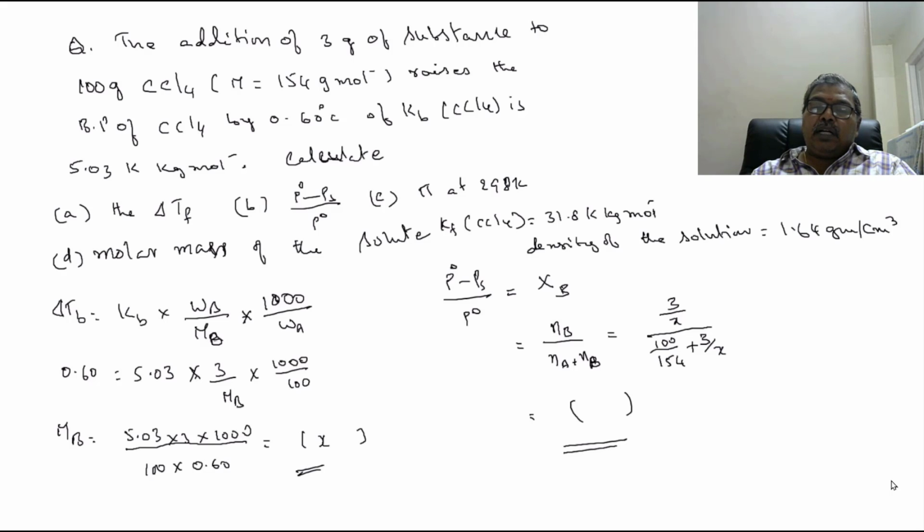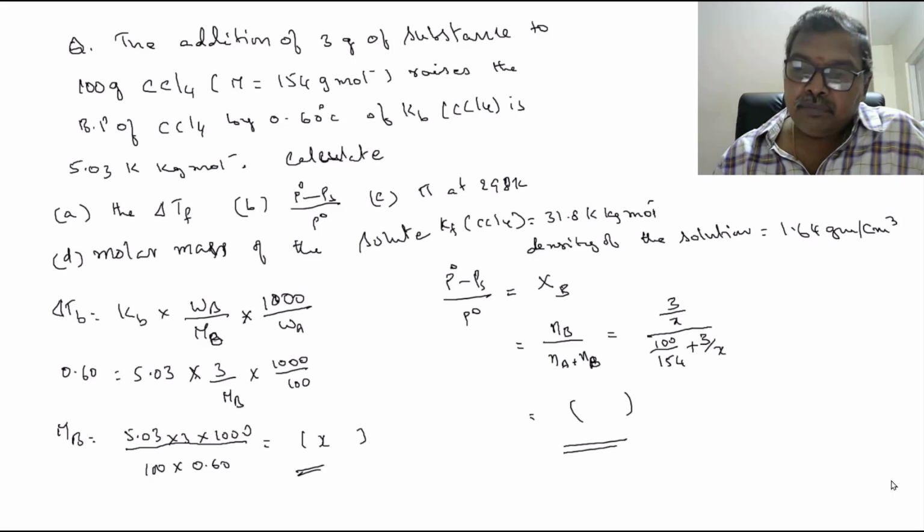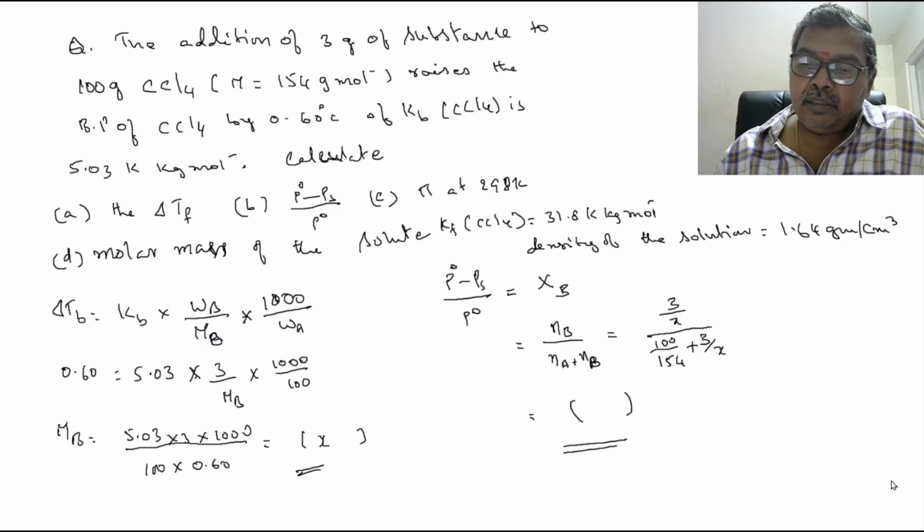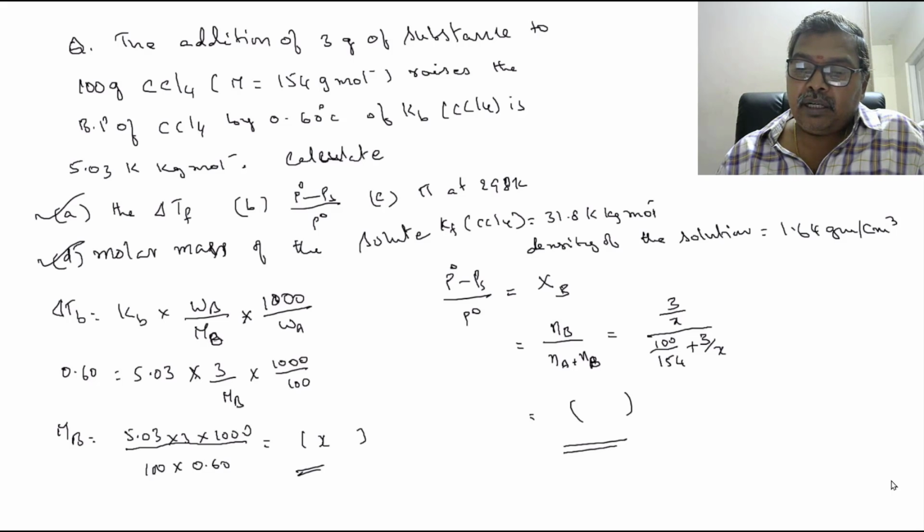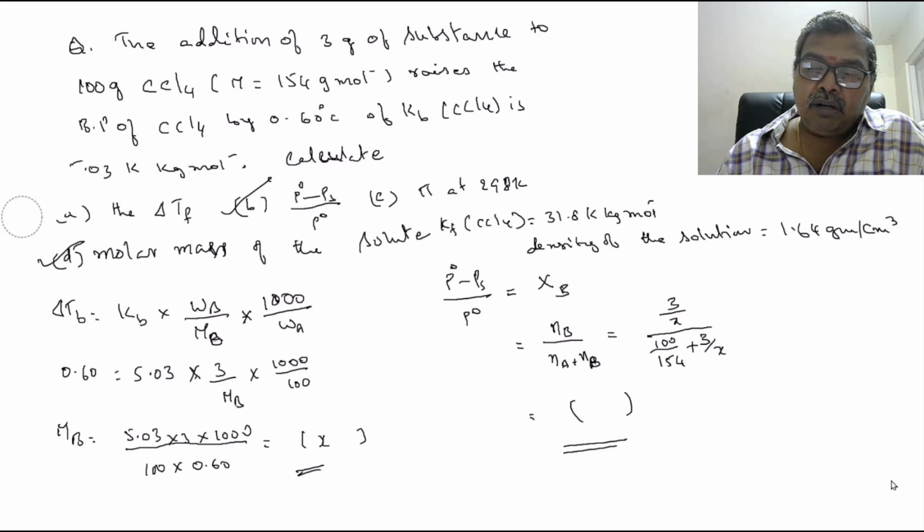So we calculated the delta TB value, and delta TF is not calculated. Next, P0 minus PS is calculated. Now delta TF.